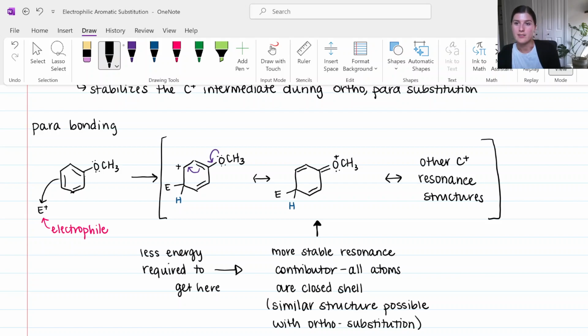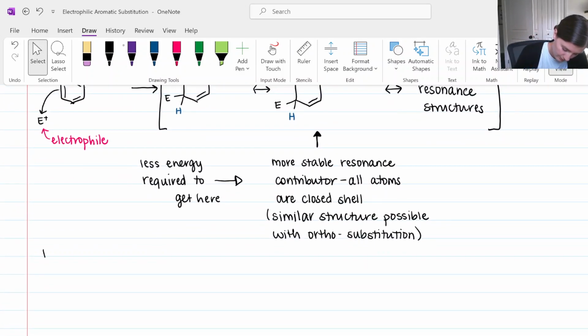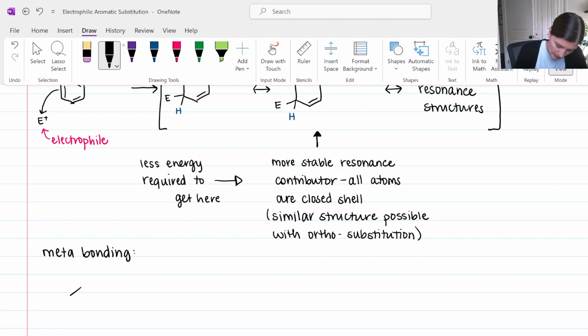Now let's look at meta bonding and why these electron donating groups are not meta directors. So we'll start with the same starting material, methoxybenzene. And let's say we're adding an electrophile to the meta position. So that's one carbon away.